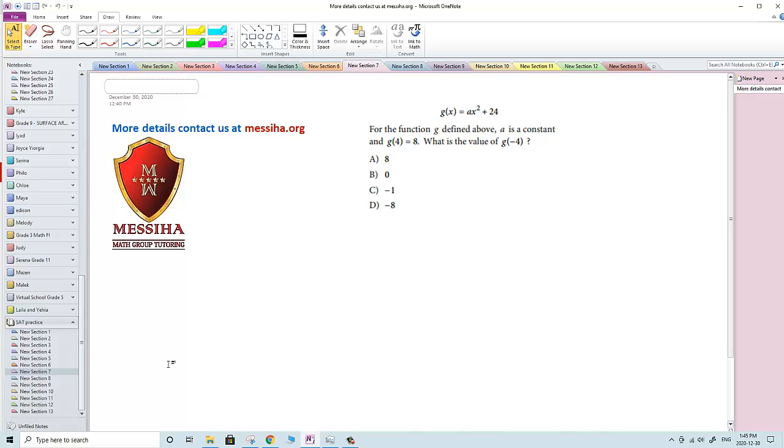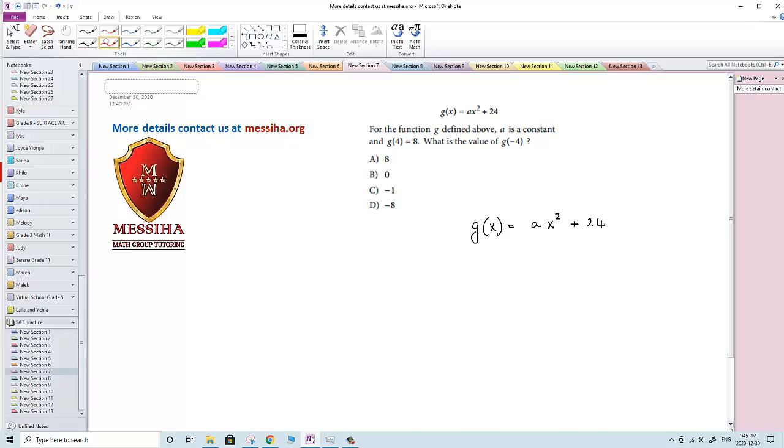For the function g defined above, a is a constant and g(4) equals 8. What is the value of g(-4)? You see right away there is a function g(x), which means the function of x, because I see the x in this function.